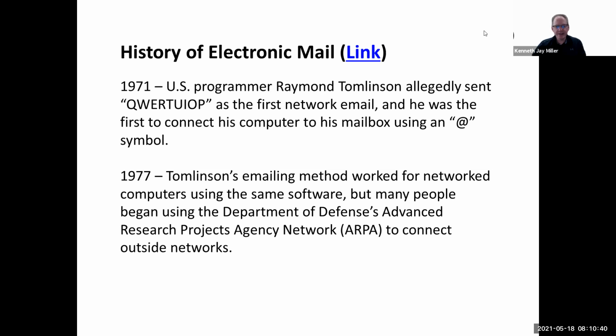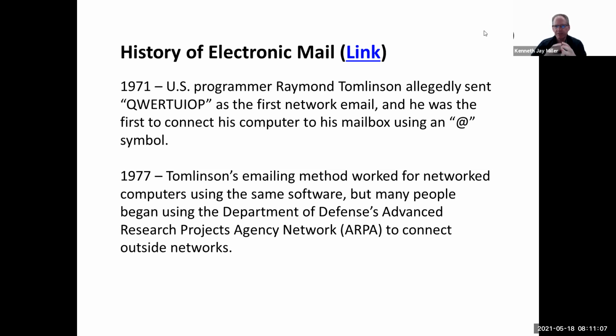And in 1977, Tomlinson's emailing method worked for network computers using the same software, but many people began using the Department of Defense ARPANET, the Advanced Research Projects Agency network, to connect outside networks. You have to remember, at this time, there wasn't a backbone to the internet.